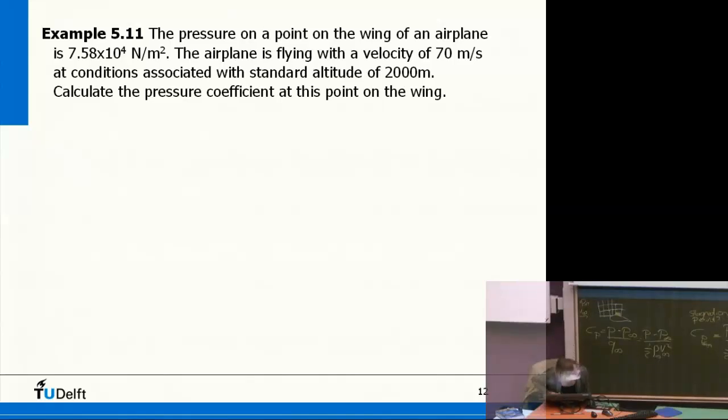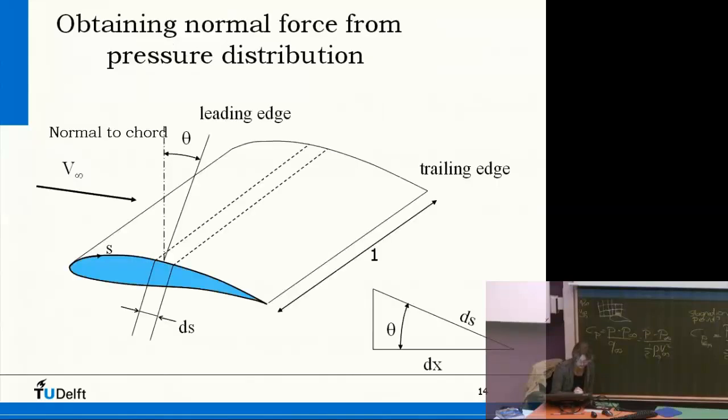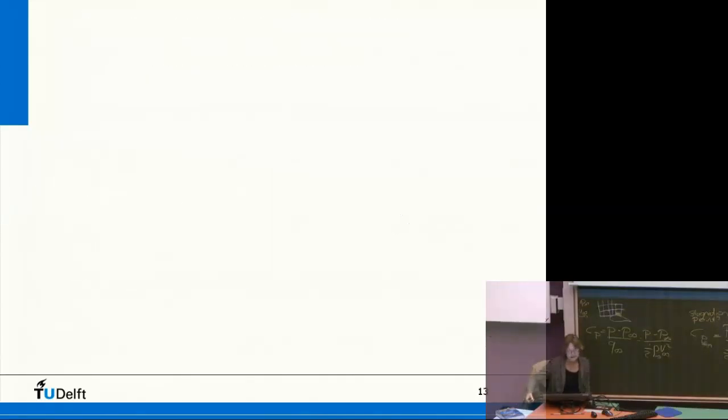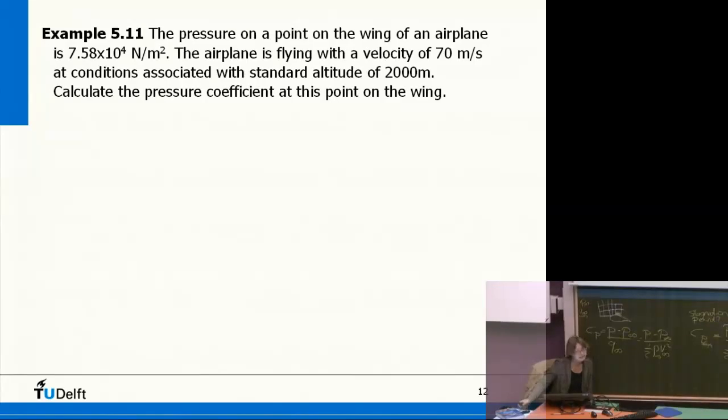The question is to calculate the pressure coefficient at this point on the wing. Any ideas? How do we start? Yes, exactly. We need the standard altitude table for the pressure and density.